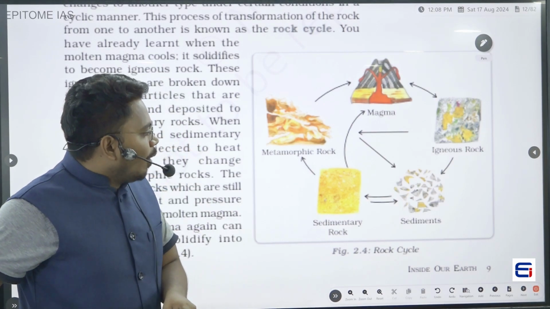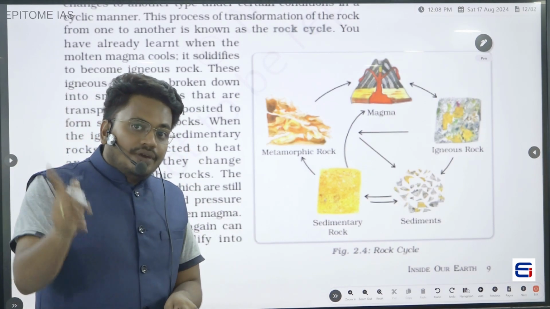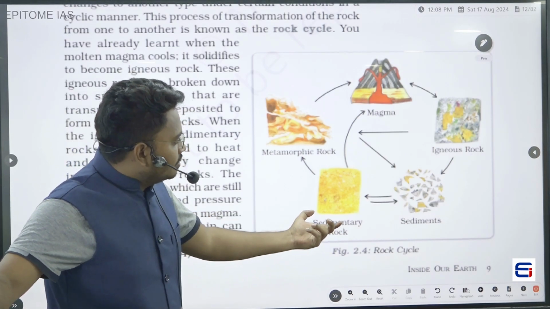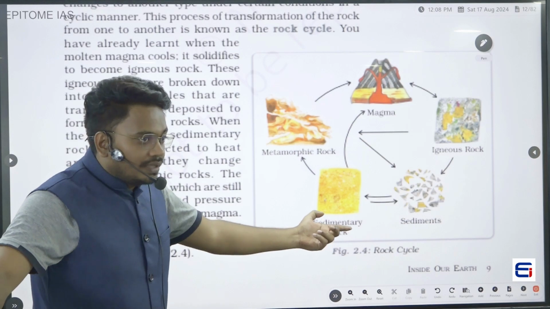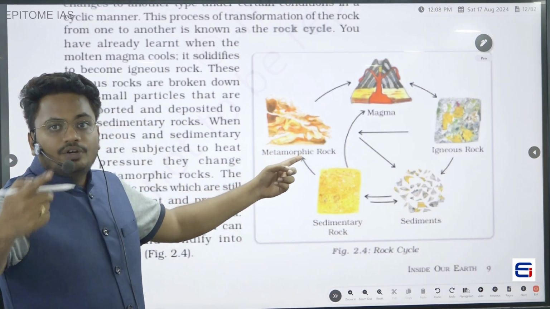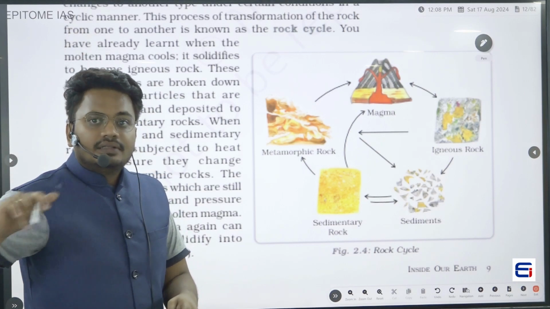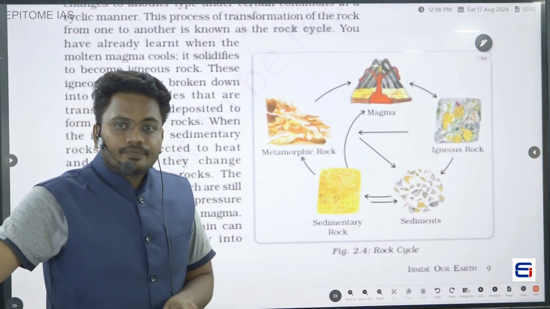And the third way of looking at it is this: in the first way we understood that sedimentary rocks will transform into metamorphic, then these metamorphic rocks will be destroyed and go into the magma chamber. That is one way.